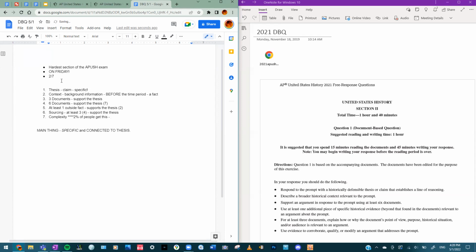But what you have to do is think about continuity and change and comparison, etc. So just something where you're kind of comparing the documents or comparing different time periods. That's the way to get that, but it is very difficult to get. All right, those are the 7 points.